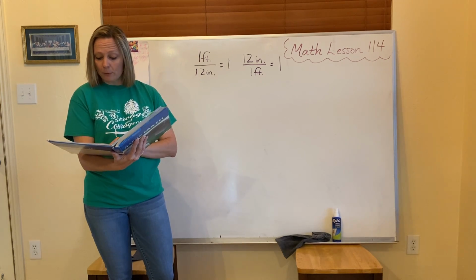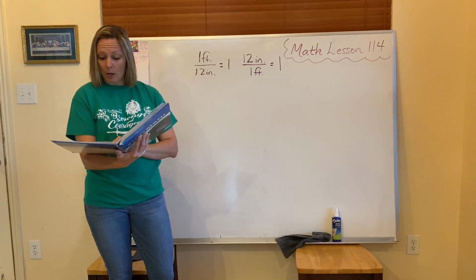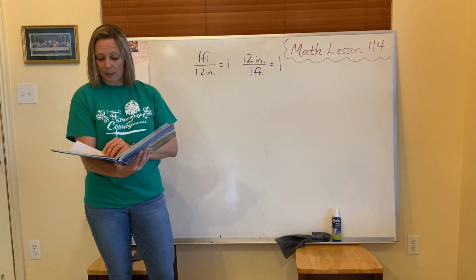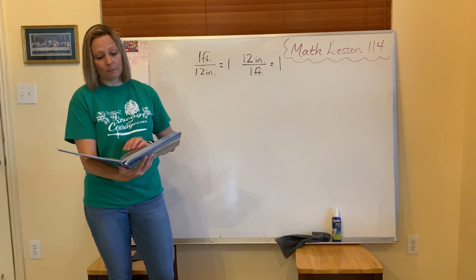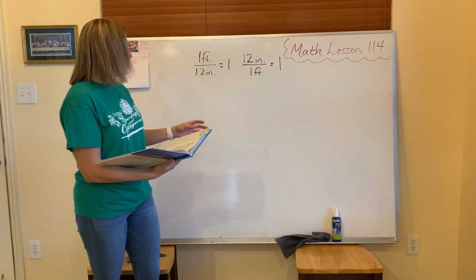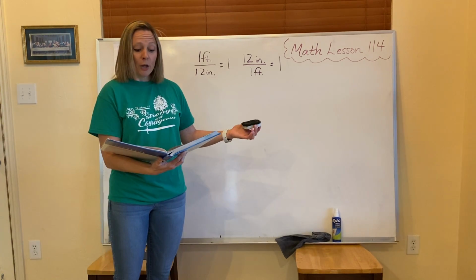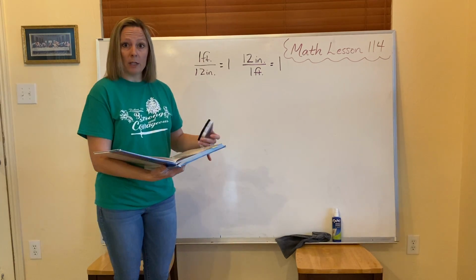If we want to convert 60 inches to feet, we can multiply 60 inches by the unit multiplier 1 foot over 12 inches, and then they show us how to do that. Let's try this in example 1. We're going to write two unit multipliers using these equivalent measures. 3 feet equals 1 yard.